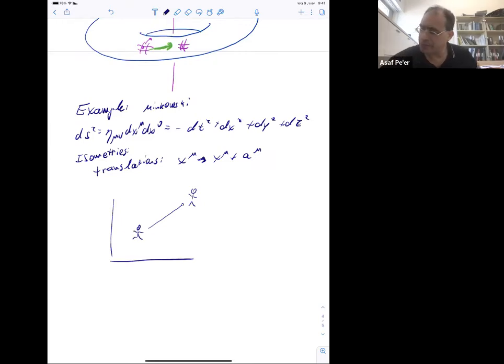I don't care where I am, I'm seeing the same thing. The same if I have a rotation. I'm standing here, but now I rotate my coordinates. I'm still seeing the same thing. It doesn't matter where I defined the north, I don't have a GPS or a compass. I'm in the middle of the sea, looking in each direction, it looks the same.